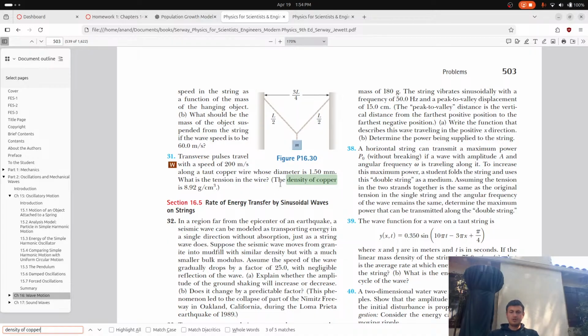So now what we want to know is the linear, so now the volume per meter. So if this is 1 millimeter, then D is the diameter, so R is equal to 1/2 millimeter.